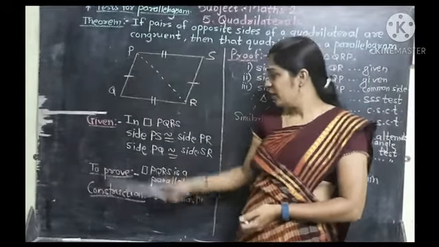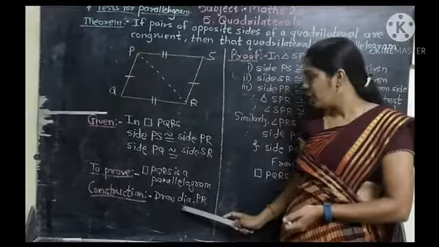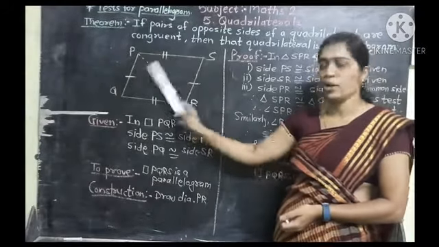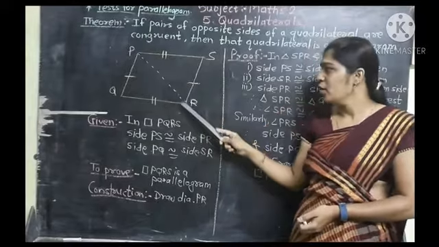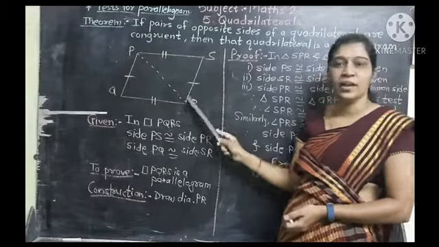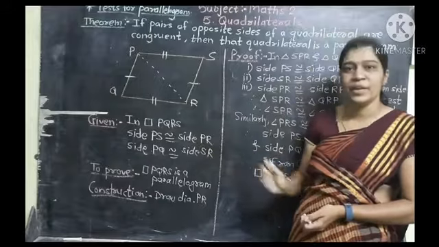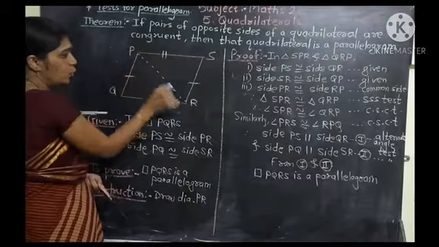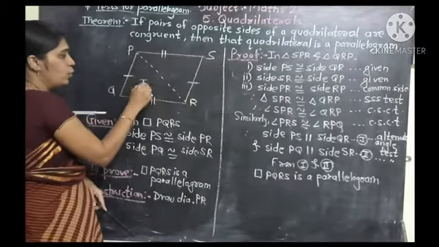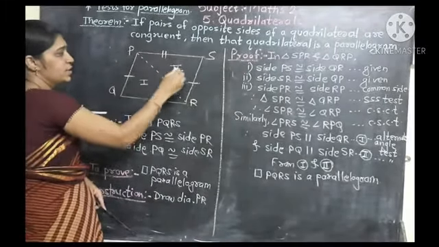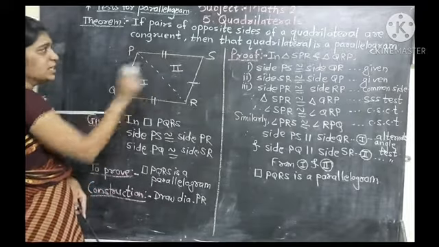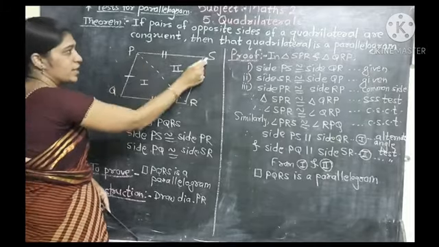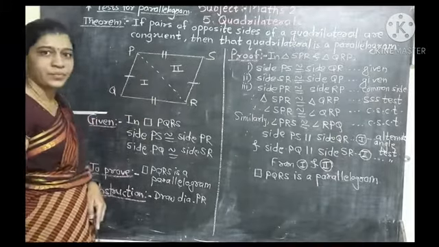So we make a construction: draw or join any one diagonal, PR. I have joined diagonal PR. Let's start the proof. Due to this diagonal, there are two triangles: the first triangle is PQR and the second triangle is PSR.